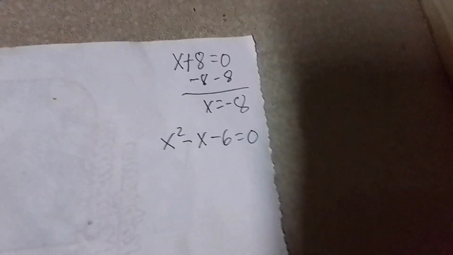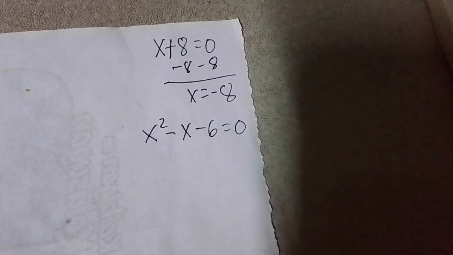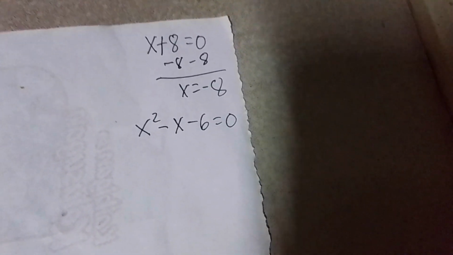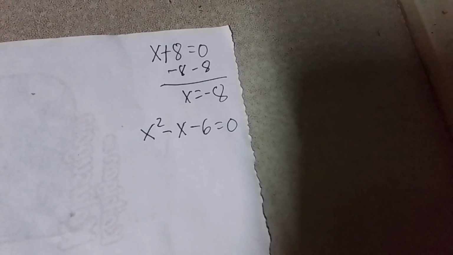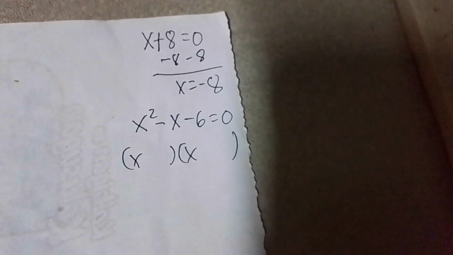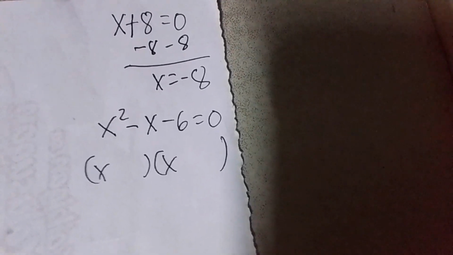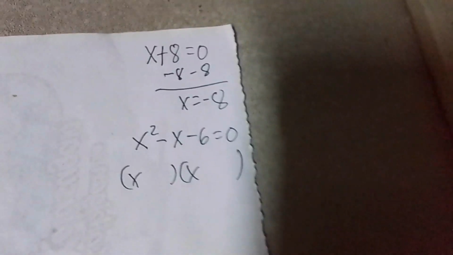Tama? Kaya that's why nga you need to master quadratic equation because you know naman when you do lots of things like this, you need to master this. Kaya that's the factoring activity. So remember sa quadratic equation, the activity is what two numbers that you multiply because you know in a quadratic equation, x can have two values. It can be on the left and it can be on the right.